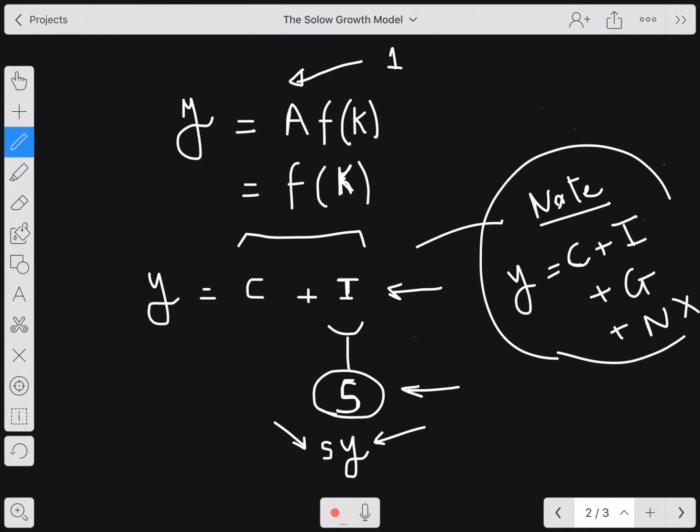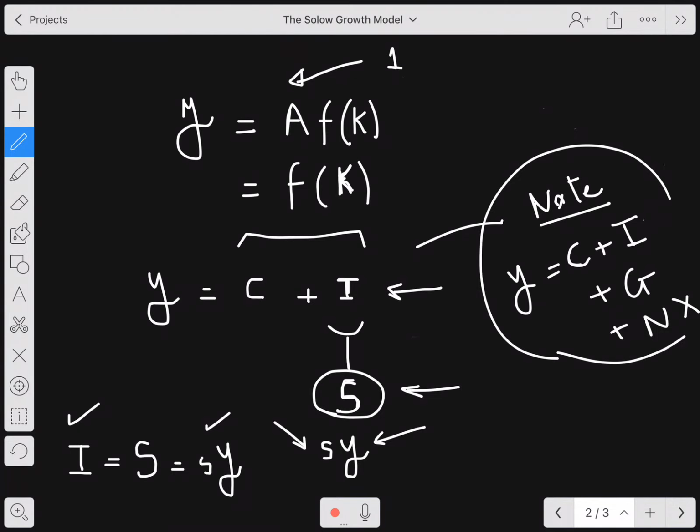So in equilibrium, the amount of investment in the economy has to be equal to the total amount of savings. Or I can write it this way: savings is equal to a certain ratio of my output. So investment can be written as sY.